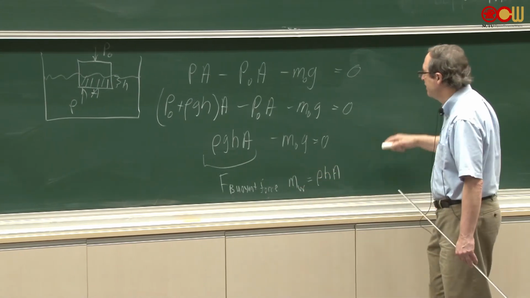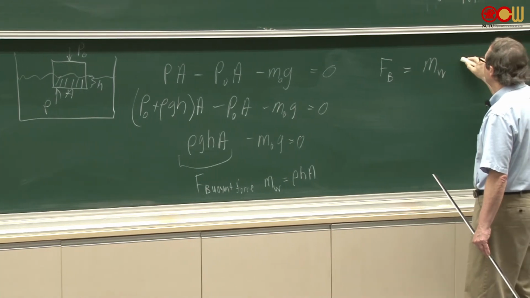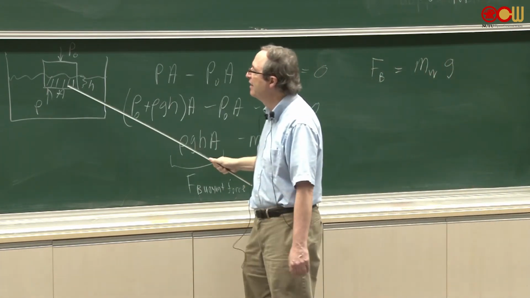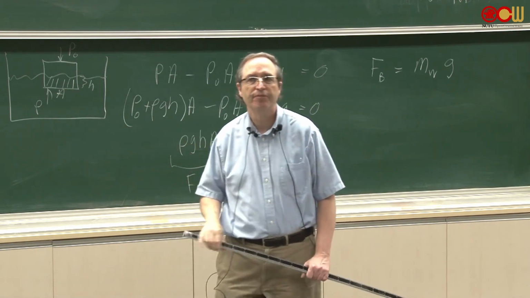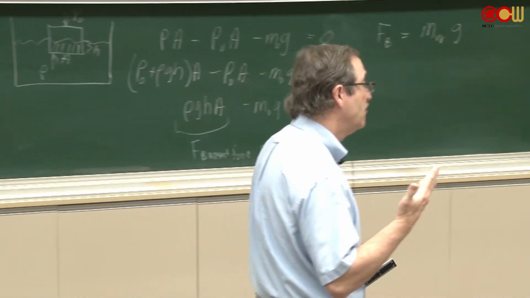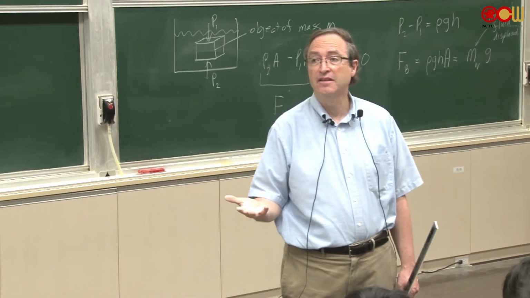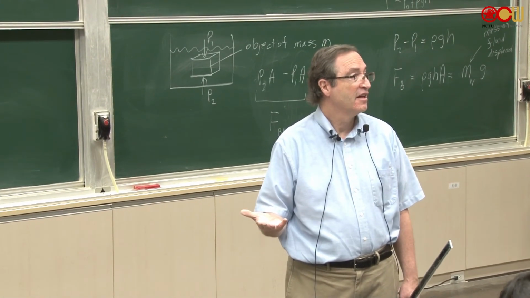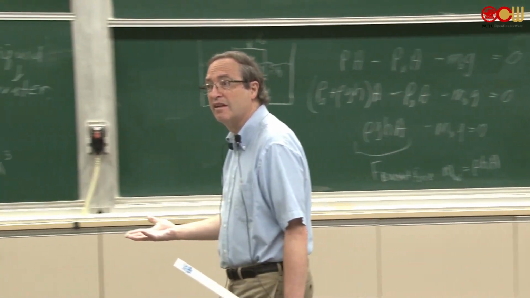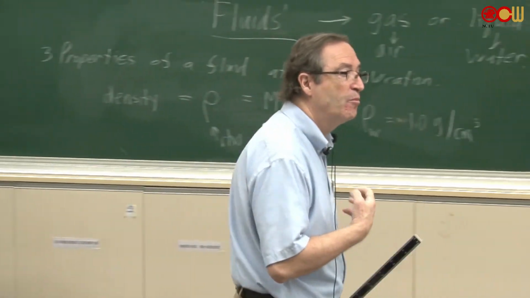When I write that the buoyant force is equal to the mass of the water displaced times g, this is only the part of the object that's underwater or inside the fluid. And this is what ensures that a ship does not sink, even though the ship has a huge mass, because there's a lot of air inside of it. Same with your body.